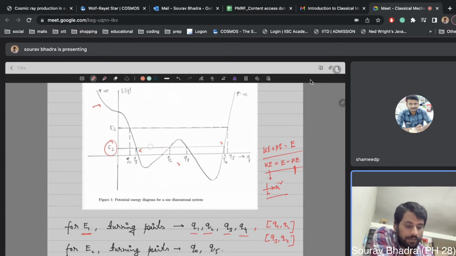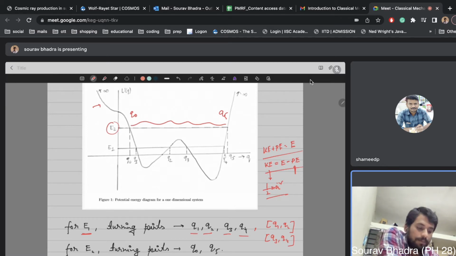Now suppose you have an energy of E2. You can see for E2 the whole region between Q0 and Q5, the potential energy is always less than the total energy. So this is always positive because your E is greater than the potential energy. That means you have a non-zero and positive kinetic energy.